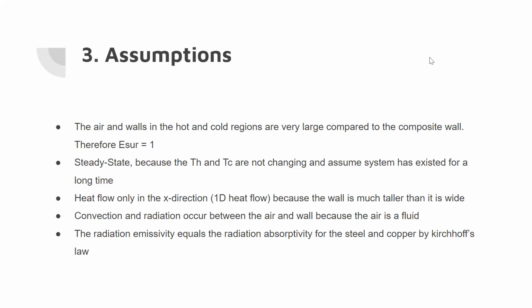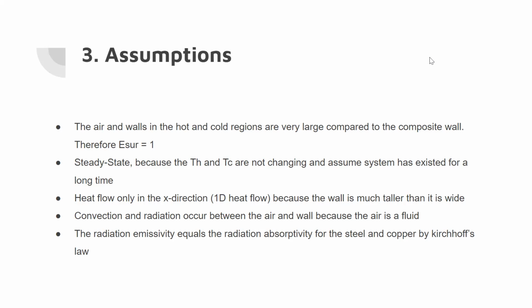Some assumptions we have to make are that the air and walls in the hot and cold regions are very large compared to the composite wall. Therefore, our emissivity of the surroundings is 1. It is also steady state because the T hot and T cold aren't changing, and we assume the system has existed for a long time.